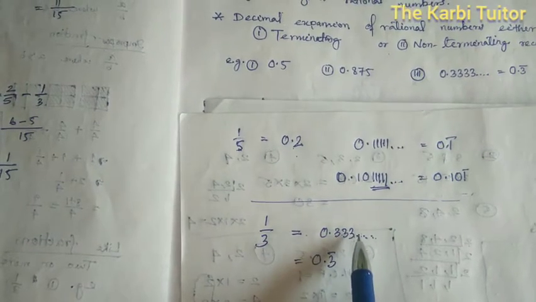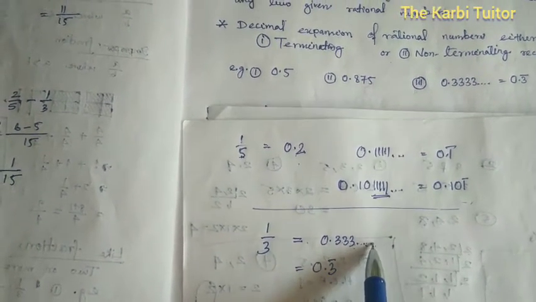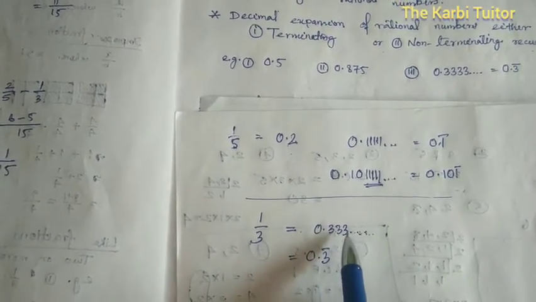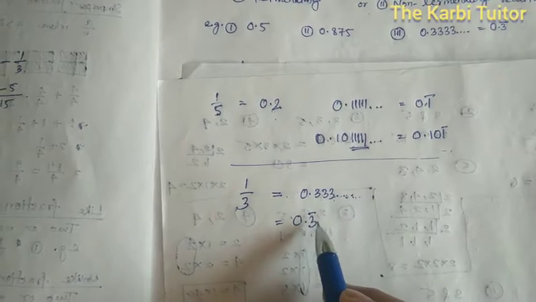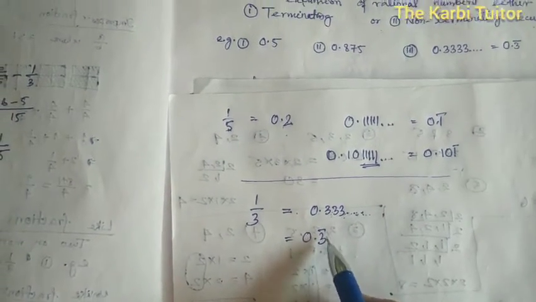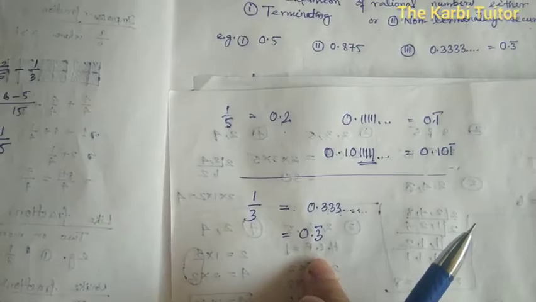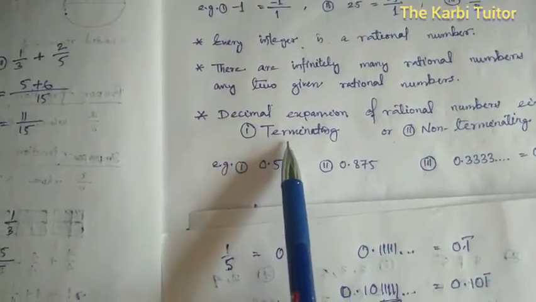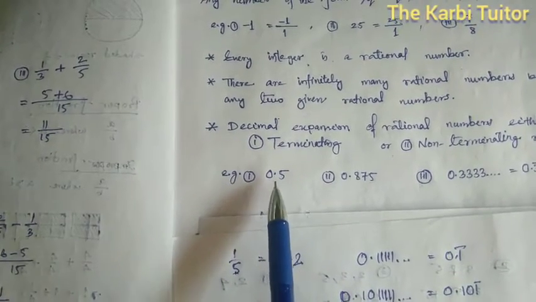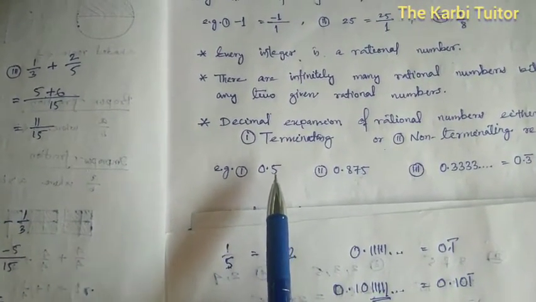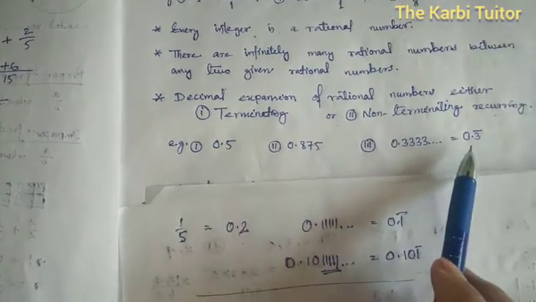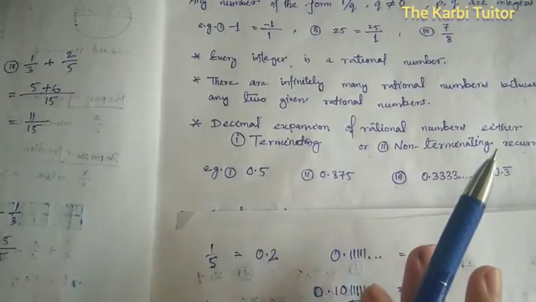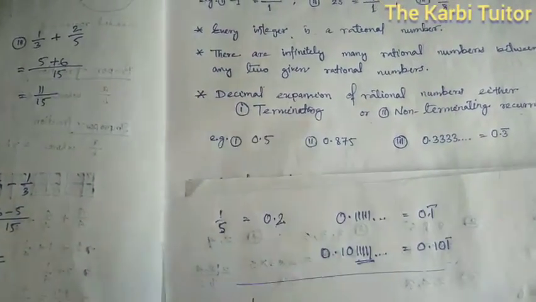That means the remainder does not become 0. And the same number is repeated. 3 is repeated. So it's 0.3 recurring. So this is also a rational number. From this we can know that if a number in decimal form is either terminating or recurring, then we can say that these numbers are rational numbers. Otherwise it is irrational.